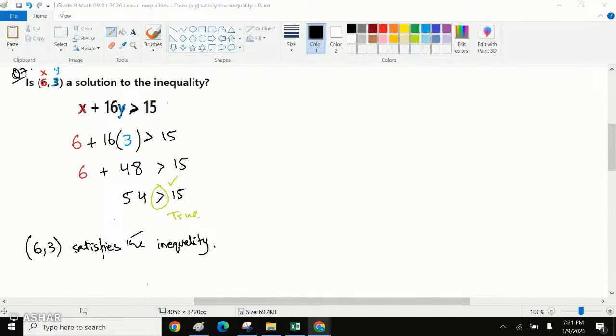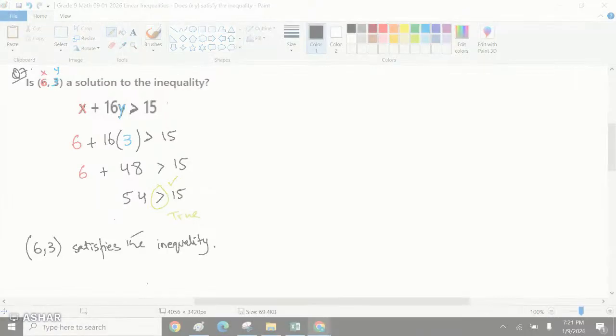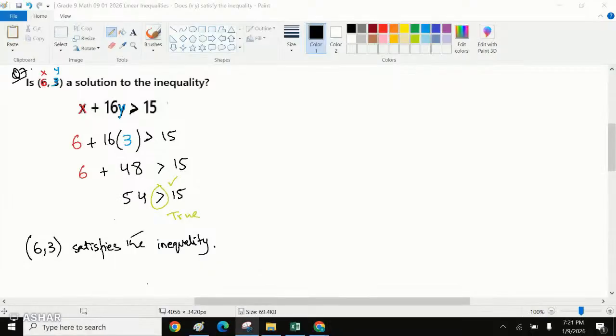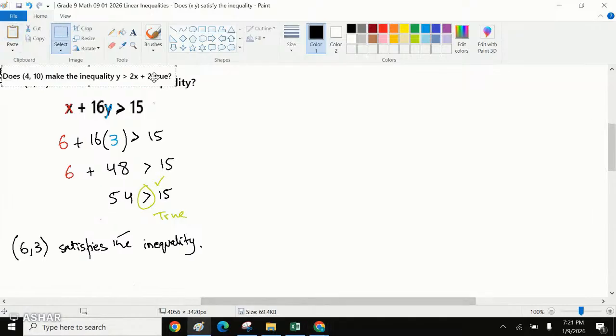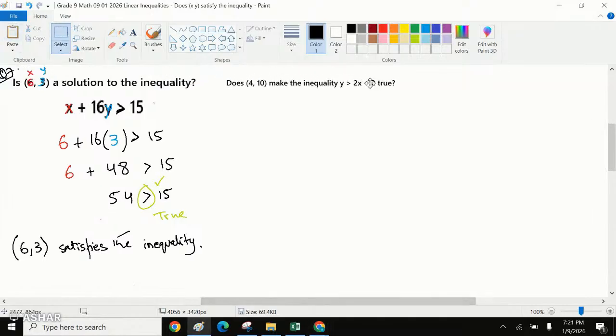moving ahead to the next question, it says, does 4 comma 10 make the inequality true? Does it make it true or false? Okay, so we have the next question with us, which is this. I'll just pick down the inequality, write it down. Let's see whether the inequality makes the statement true or false.